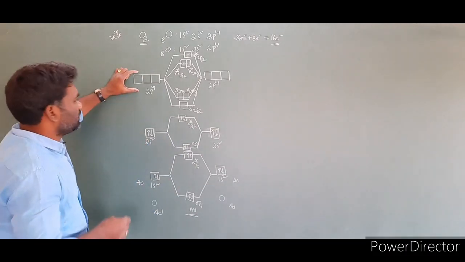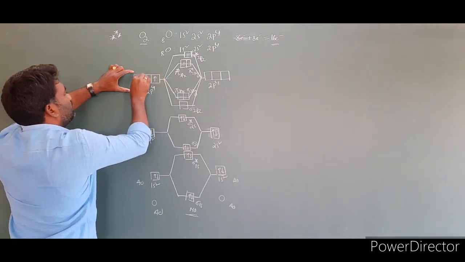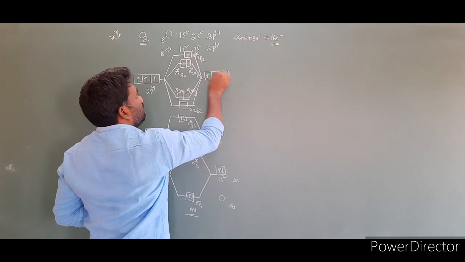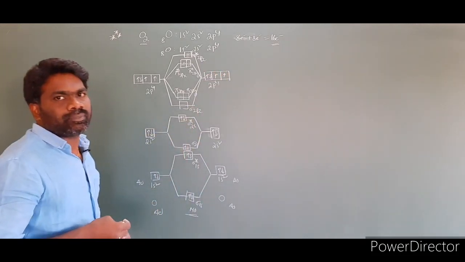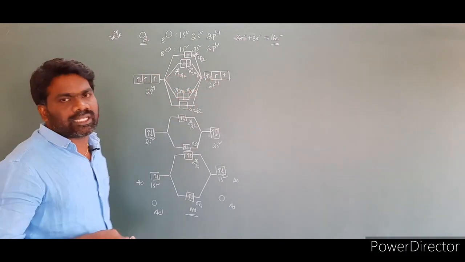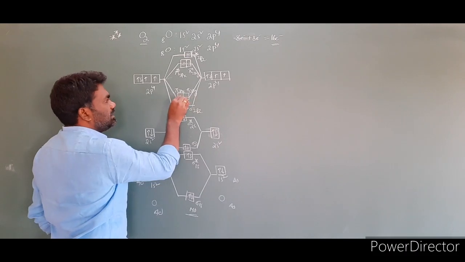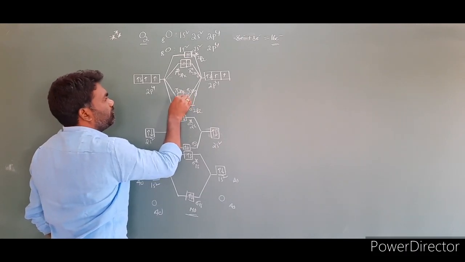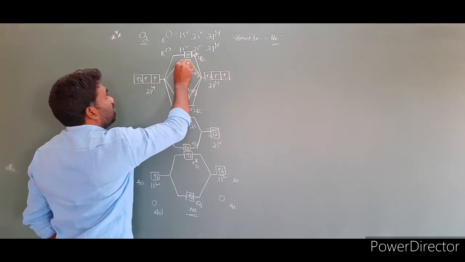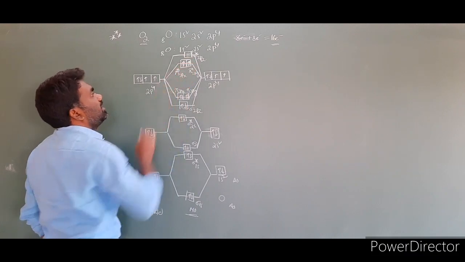Then here this is completed. Here how many? 4 electrons. I took 4 here, so 1 through 8, total 8 electrons. Then we go to the anti-bonding: 7 and 8.